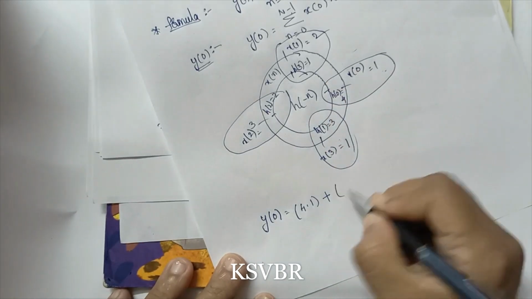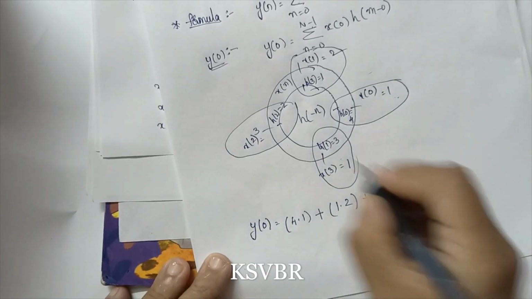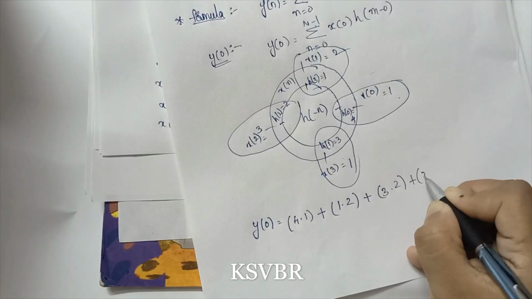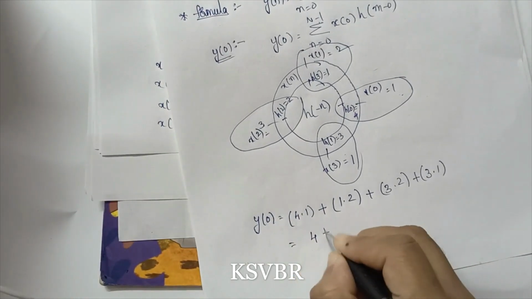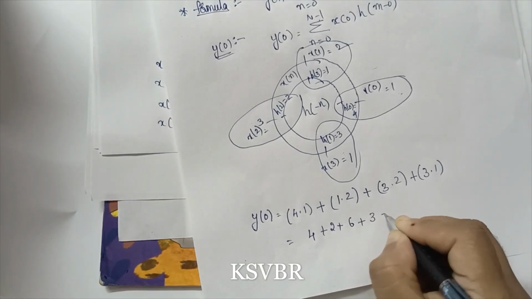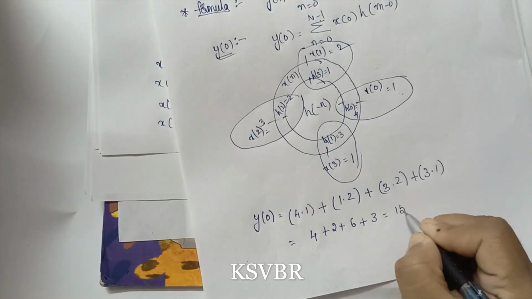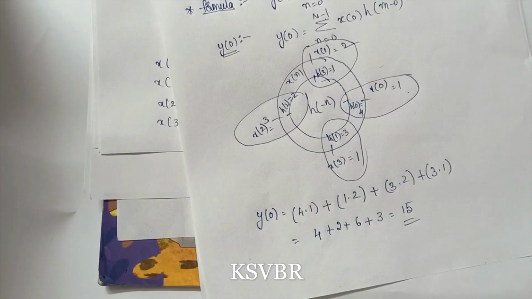Okay, so 1 into 2 plus 3 into 2 plus 3 into 1. So what will be the result? 4 plus 2 plus 6 plus 3. So the result is y of 0 is equal to 15. 10 plus 5, 15. So this is y of 0.